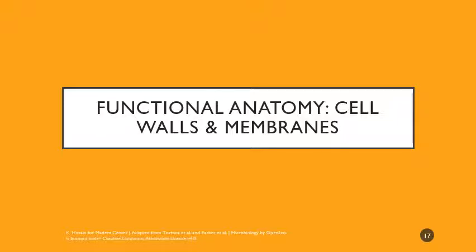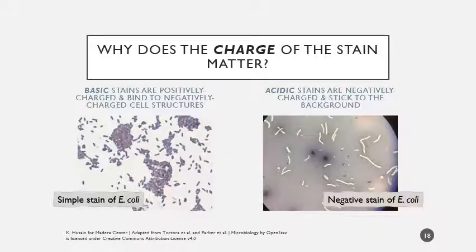Okay, so getting into very specific structures, the first one we'll talk about in terms of functional anatomy are cell walls and cell membranes, and that is the basis of gram staining. When we're thinking about which dyes to use in gram staining and other types of staining based on membranes, the charge of the stain really matters because that's going to affect how it interacts with those chemical structures of the walls and membranes.